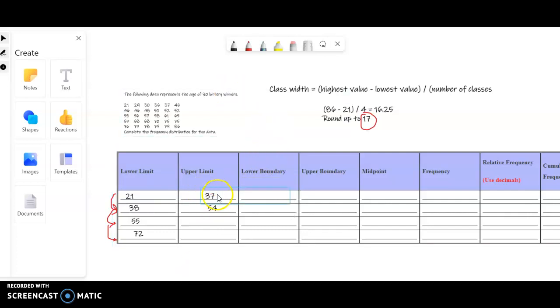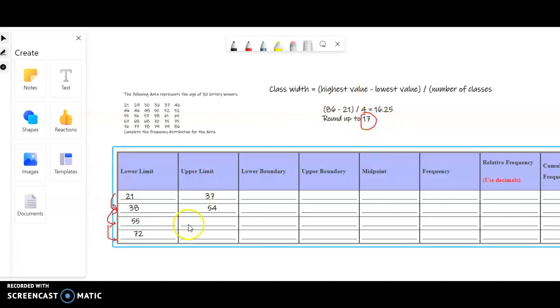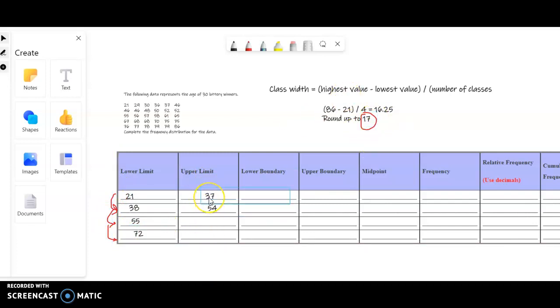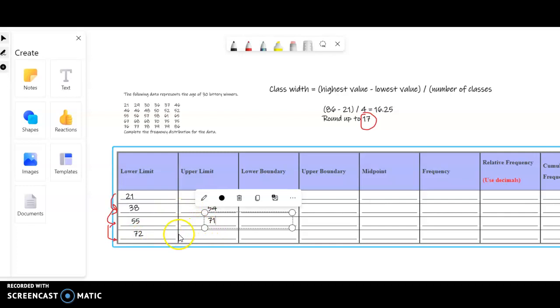Another thing to look at though is, just like I said, to go down your table here, you need to add 17. Same thing here. 37 plus 17, if you do that, is also 54. 54 plus 17 is 71. Conveniently, that's one below the next class.